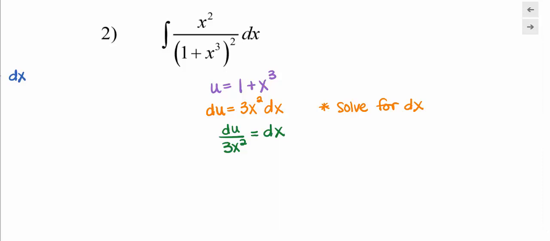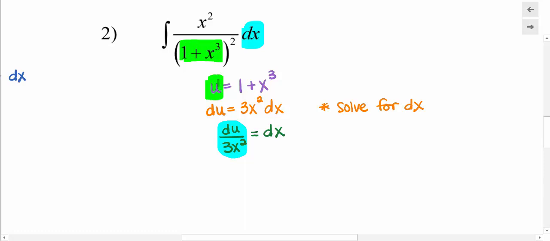And I'm going to do some substitution now. I'm going to rewrite my original function or my original integrand here. But the dx is now going to be this du over 3x squared. And all of this 1 plus x cubed is now just going to be the u. So this should be antiderivative.